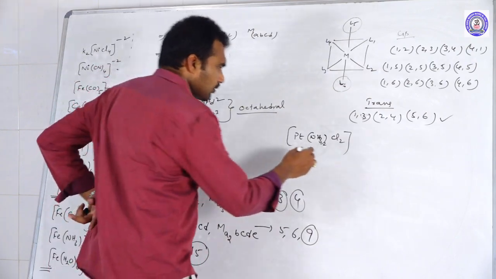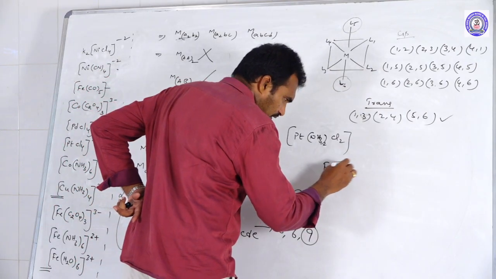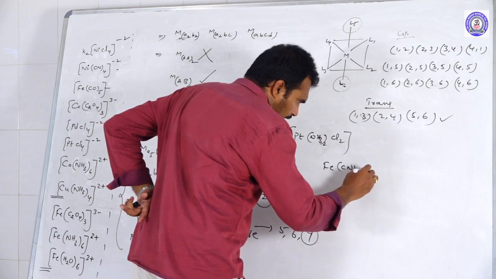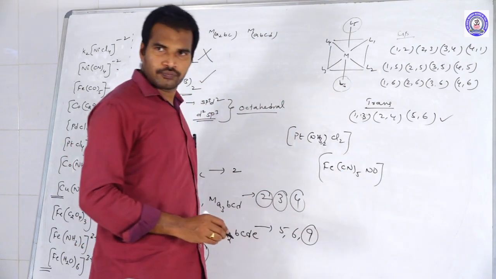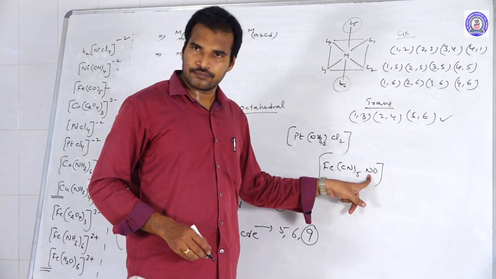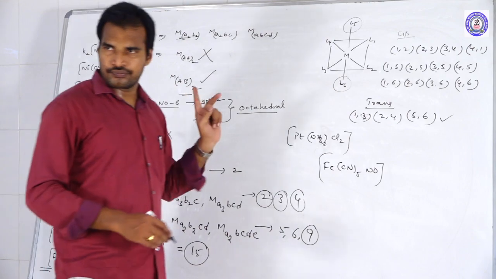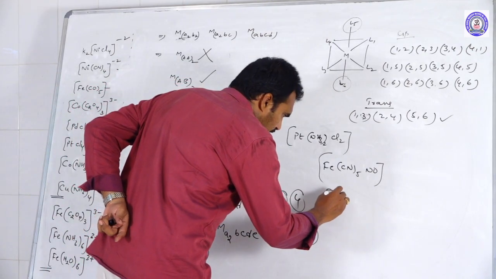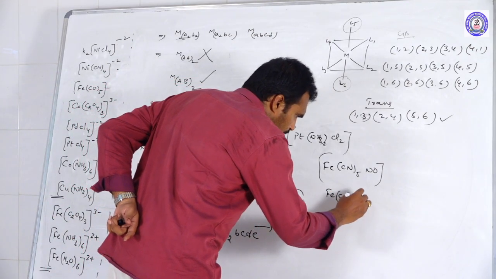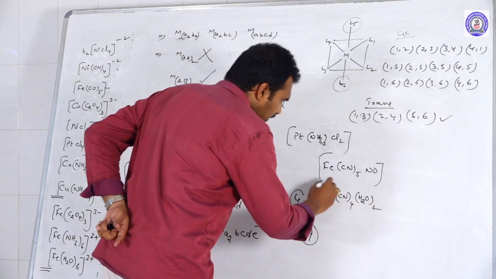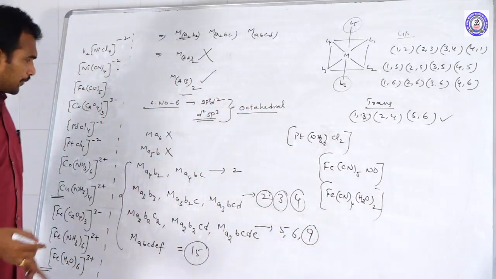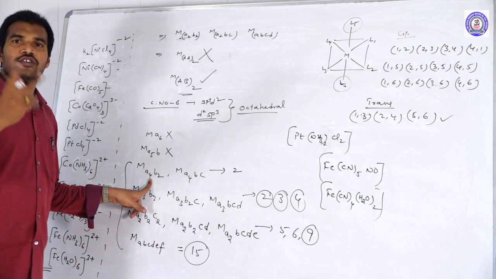For example, they have given [Fe(CN)5NO]. Can this complex show isomerism? This is MA5B. Can MA5B show? Never. So it will not show. Suppose they give [Fe(CN)4(H2O)2]. Now MA4B2 can show how many? 2 isomers.